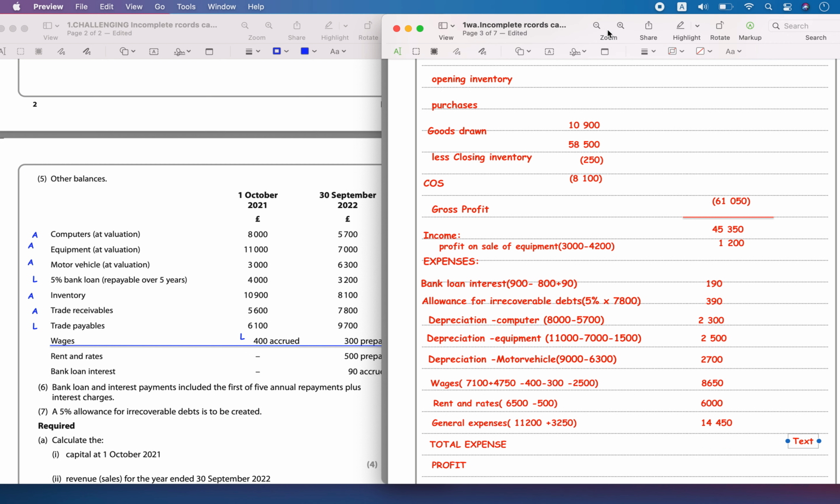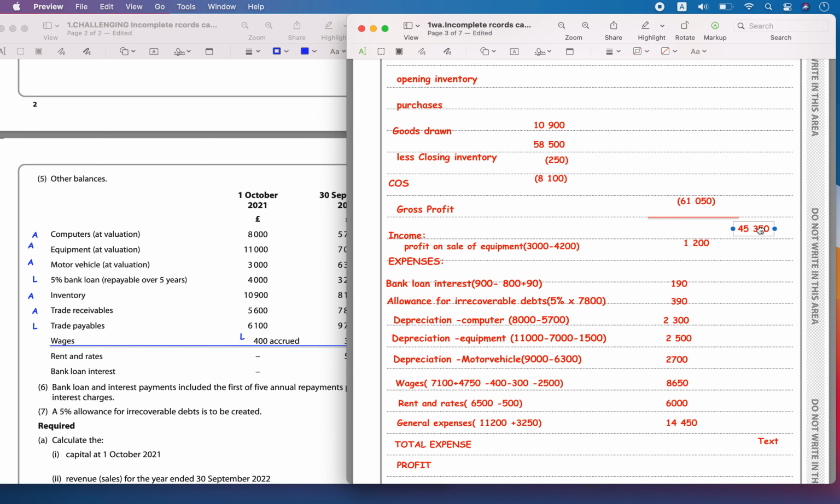So the total expenses will be 190 plus 190 plus 390 plus 2,300 plus 2,500 plus 2,700 plus 8,650 plus 6,000 plus 14,450. So that value is going to be 37,180.